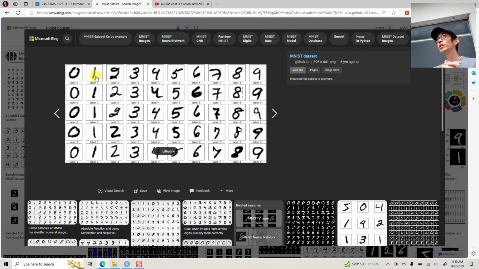I believe there are 256 levels, so it goes from 0 to 255. So I think, in this image, 0 would be a white pixel, 255 would be a black pixel, and 120 would be something like gray.